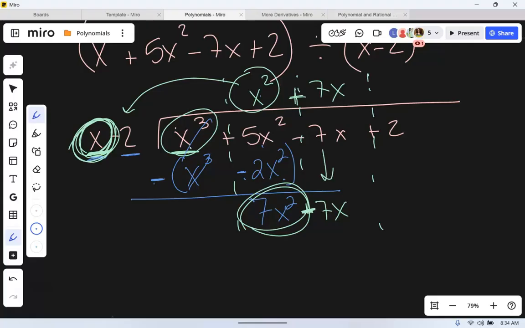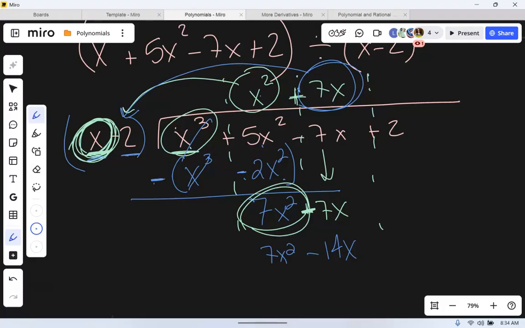So I'm going to take this same one and multiply around, and it multiplies to everything. Right, 20. Okay. 7x times x is, and 7x times negative 2.